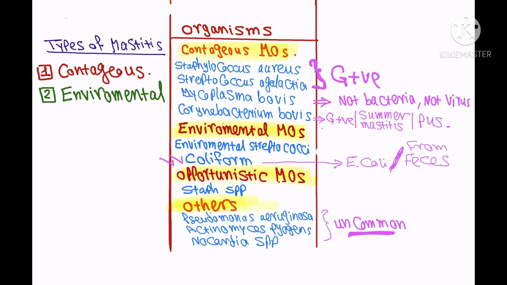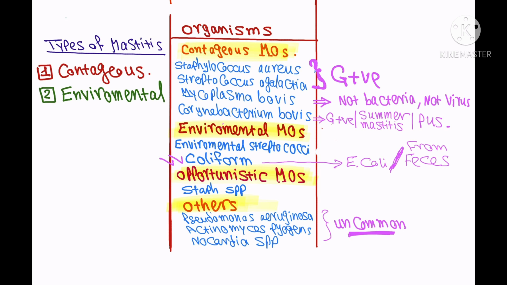Opportunistic microorganisms include Staph species and others like Pseudomonas aeruginosa, Actinomyces pyogenes, Nocardia, but they are uncommon. The most common microorganisms are Staphylococcus, Streptococcus, Mycoplasma, and Corynebacterium bovis.